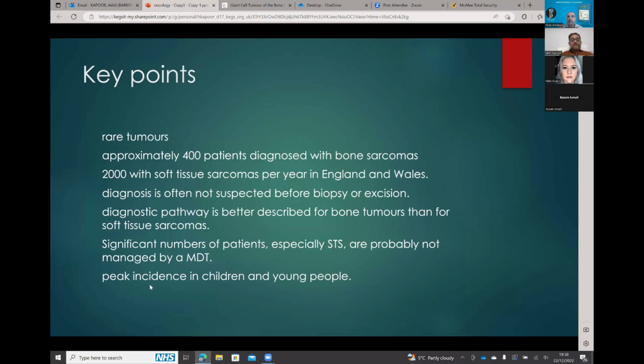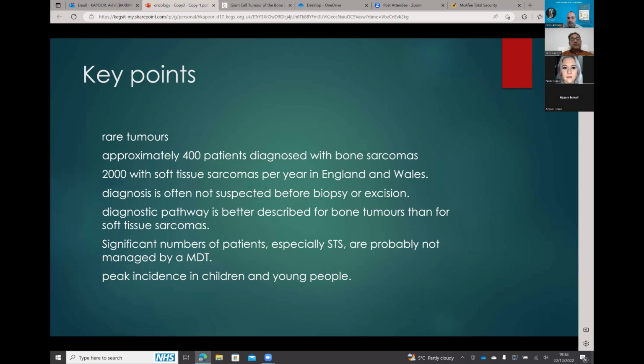So these are the key points that we have discussed. Just to summarize again, bone cancers can be rare tumors, but early suspicion and accurate clinical diagnosis is essential. There are approximately 400 patients diagnosed with bone sarcomas and 2,000 with soft tissue sarcomas per year in England and Wales.